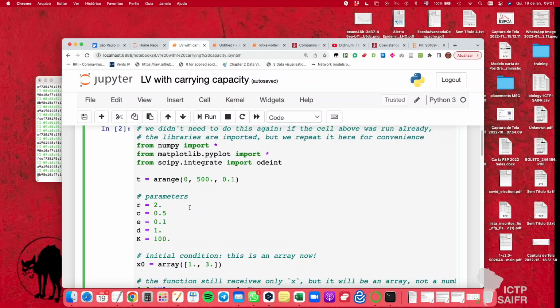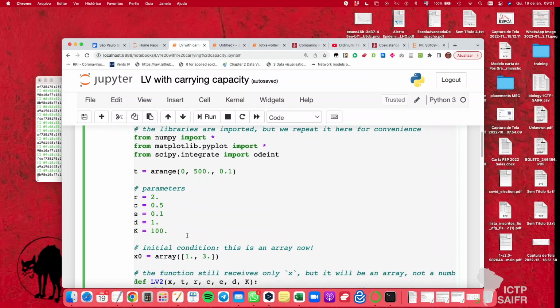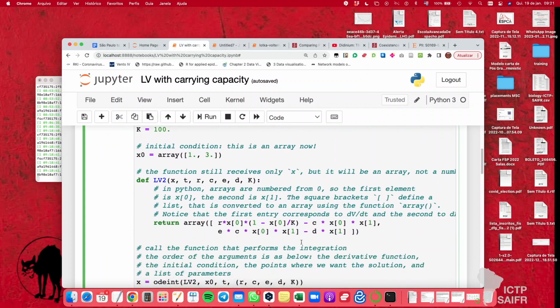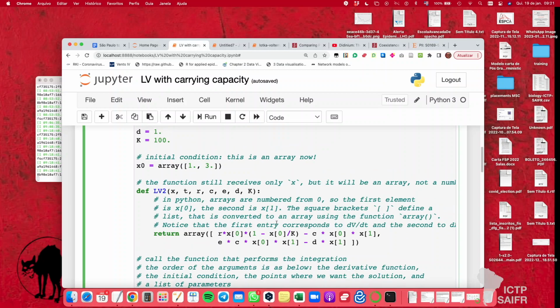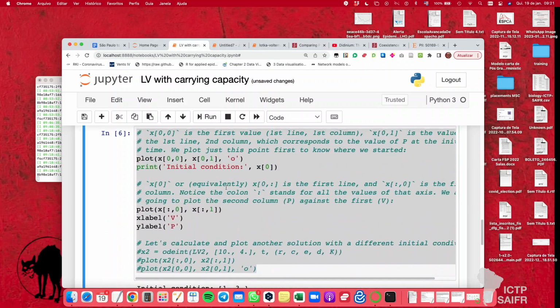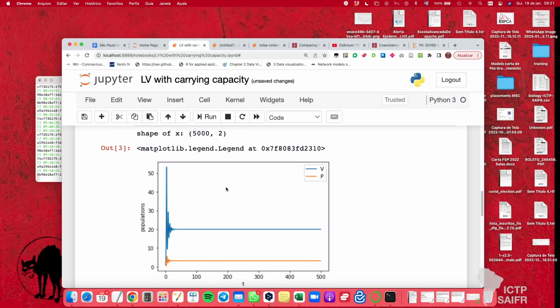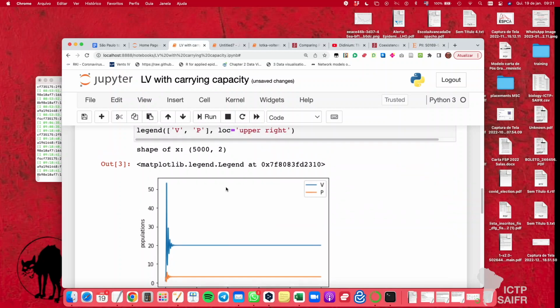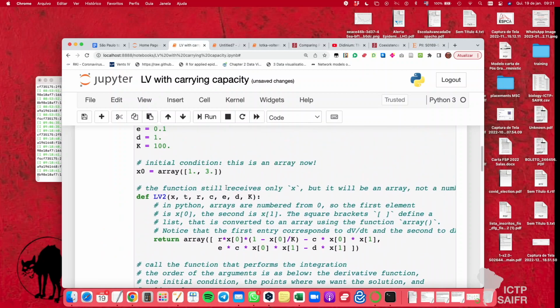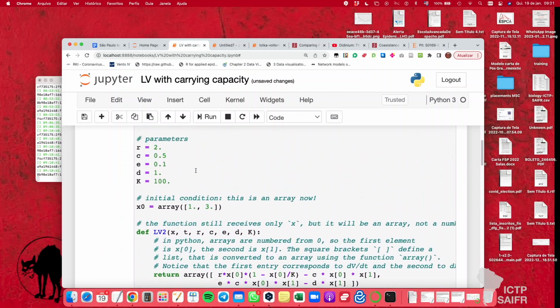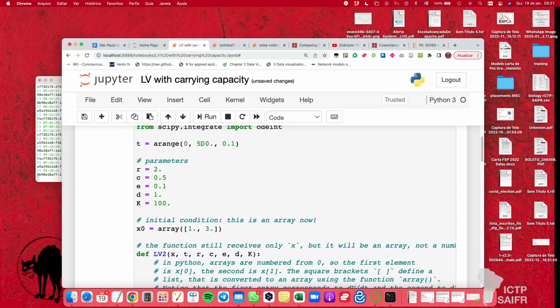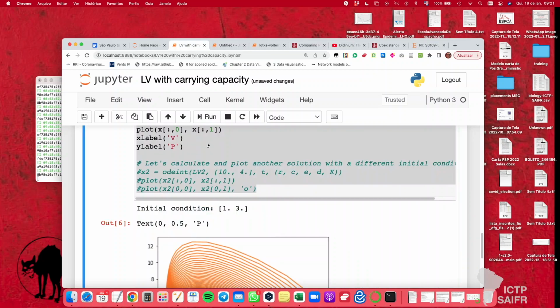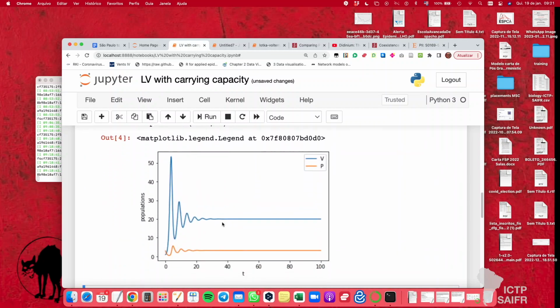So we start with K equal to 100, and the equation is just the same equation as before, but you see that there is a term here now, which is the carrying capacity. Okay, you run this. And, okay, so what you see here, let me see, it was not the best point, with a carrying capacity of 100, but let us plot only 100. So it's better like this.